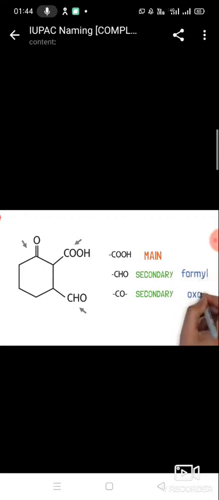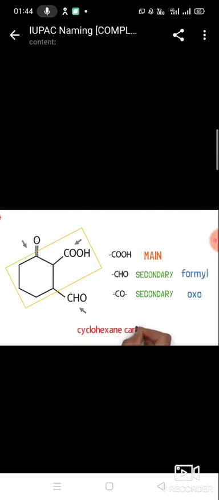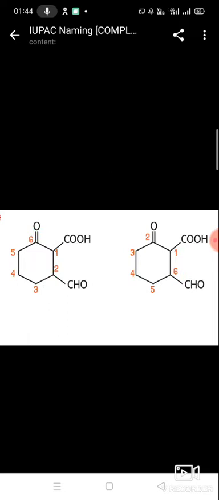CHO is formyl, CO is oxo. The main group is the carboxylic acid group. So 6 carbon atoms are there in this: cyclohexane carboxylic acid. In this, a formyl group is attached and an oxo group is attached.